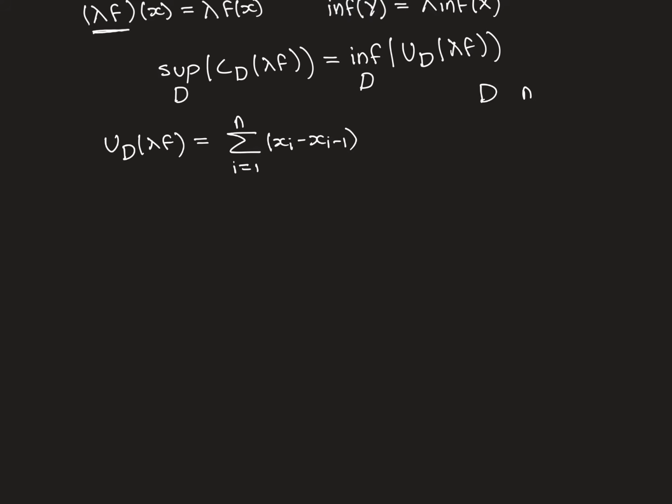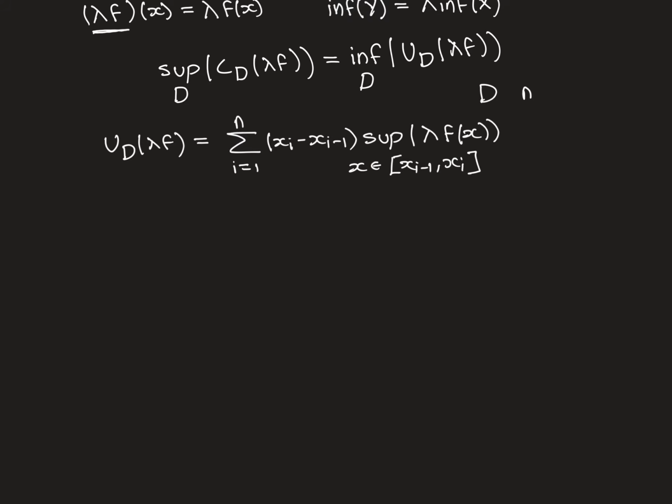Those are the lengths of all of the bits that the dissection is cutting the interval up into, and then times the supremum of the value of lambda f, almost made a mistake there and wrote f, so it's going to be lambda of f of x, but of course that is just lambda times f of x, for x an element of x_{i-1} to x_i.